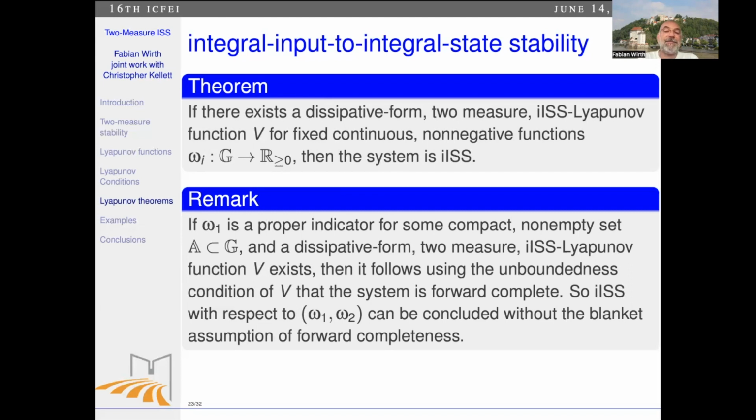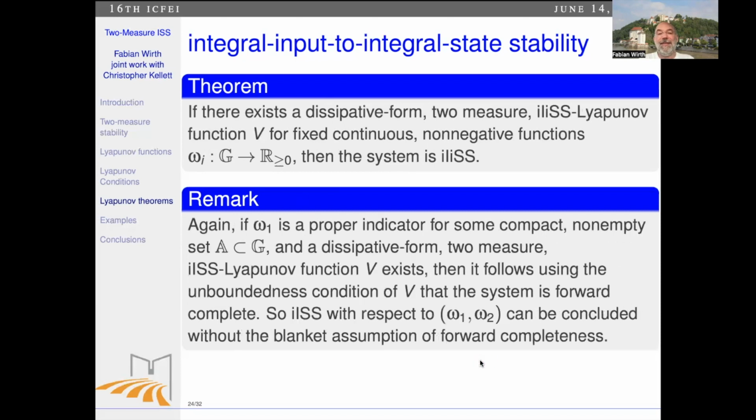So I had this blanket assumption. At this stage, there's a point where I do not really need it. And the same thing is true for integral input to integral state stability.